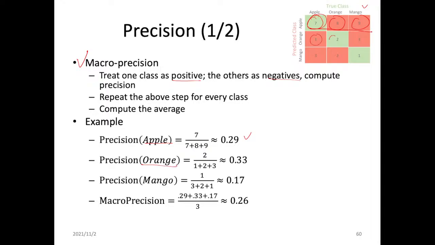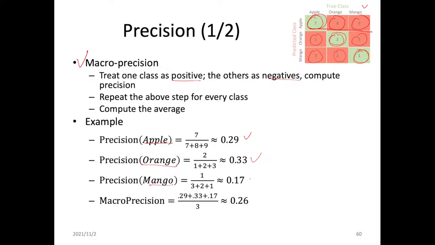Out of the 6 instances that are predicted as orange, only 2 of them are indeed orange, so precision is 0.33 here. For mango, out of the 6 instances that are predicted as mango, only one of them is indeed mango.